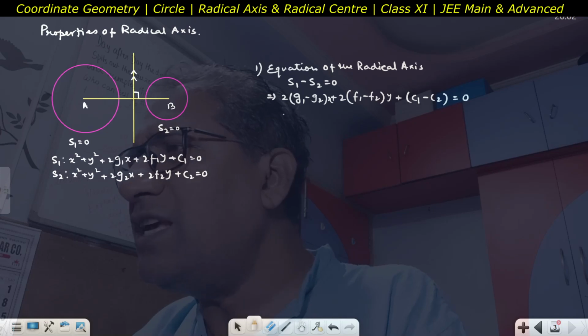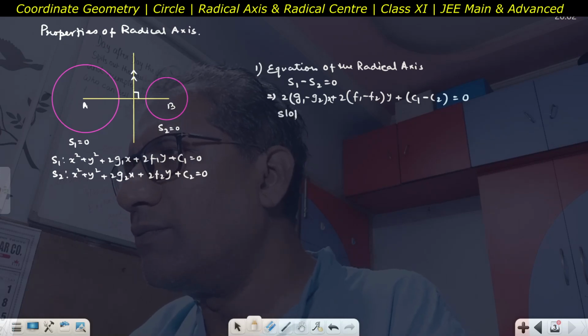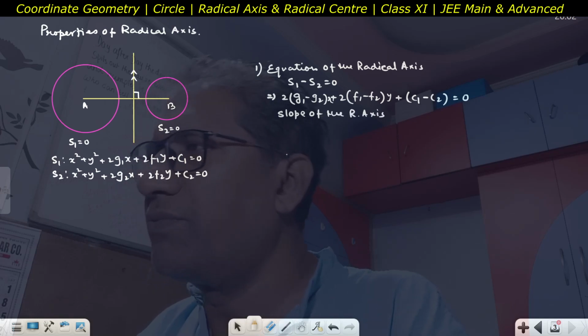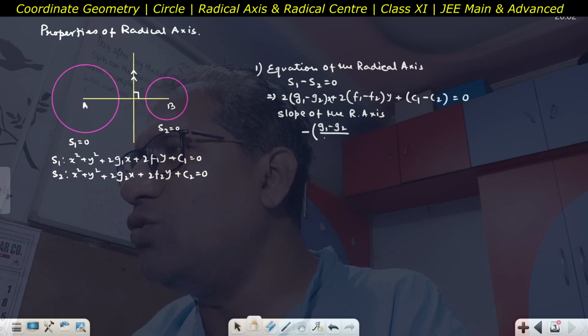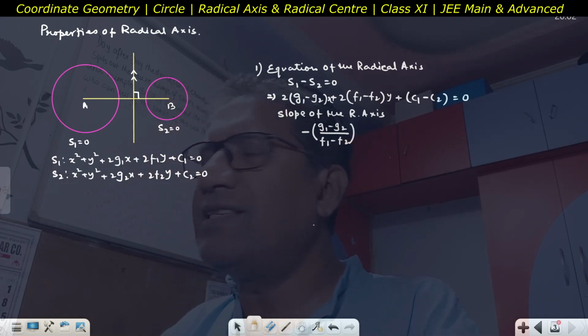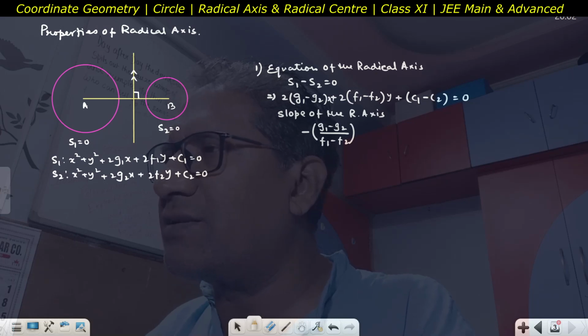So, what is the slope of the radical axis? The slope will be minus (G1 minus G2) over (F1 minus F2), correct? This is the slope of the radical axis.